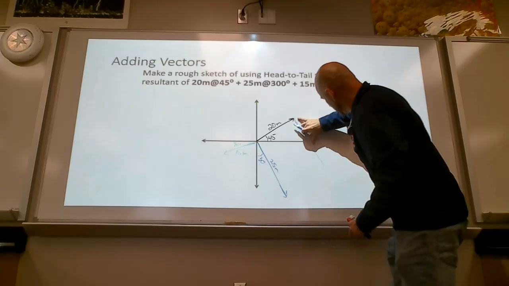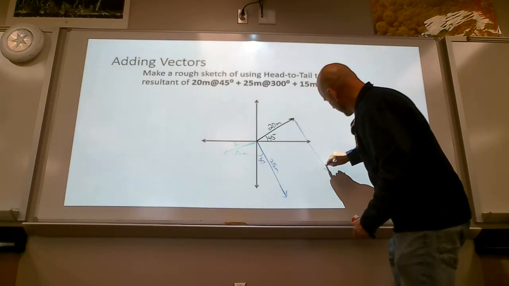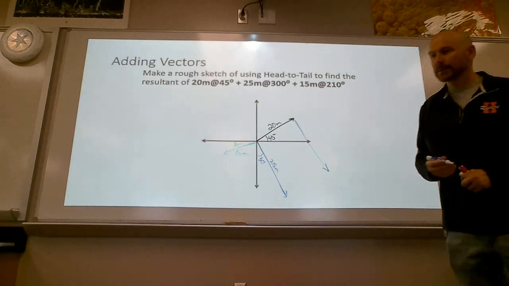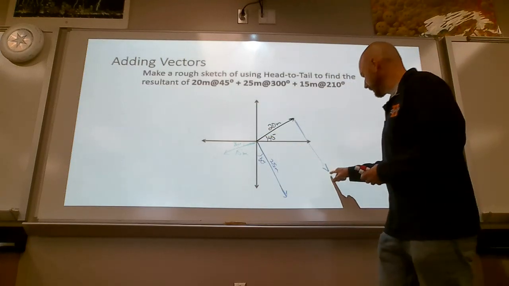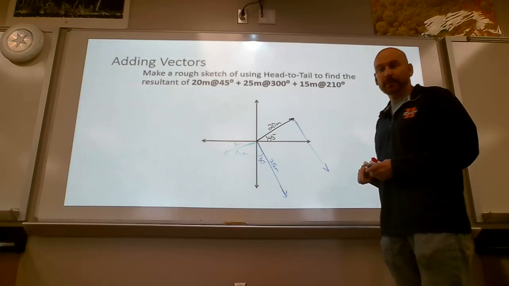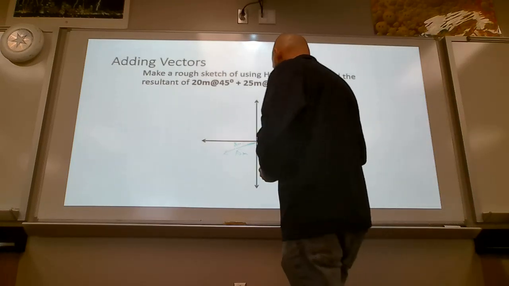Keep it parallel. Roughly the same length. Okay, so head to tail, cut and paste that one. And then I'm going to do the last one. So I'm going to take the tail of that, stick it at the head of that. Okay, just repeating the process.